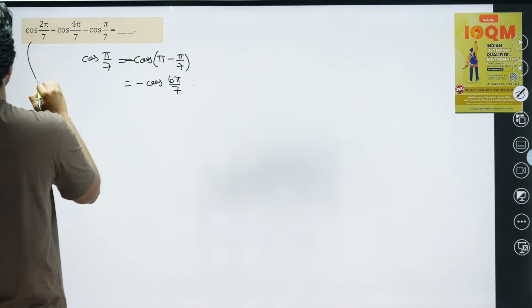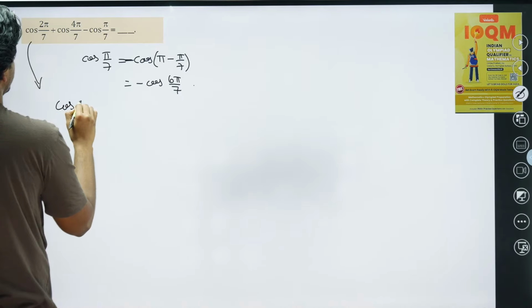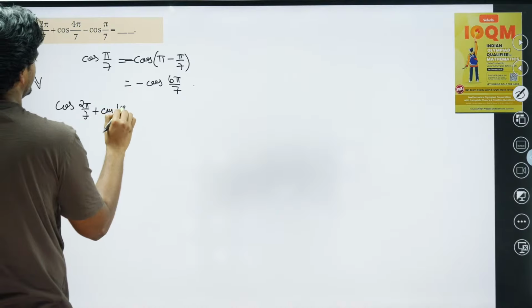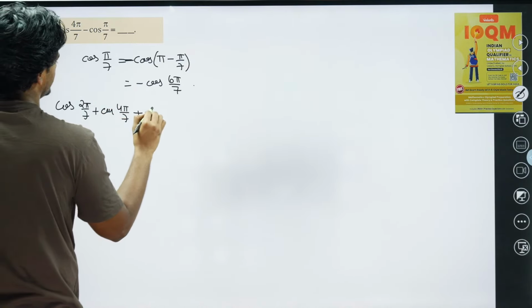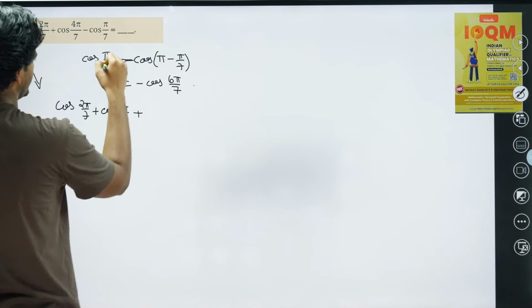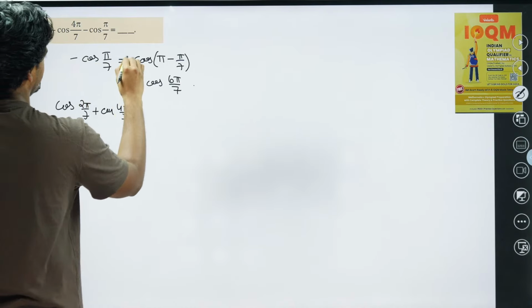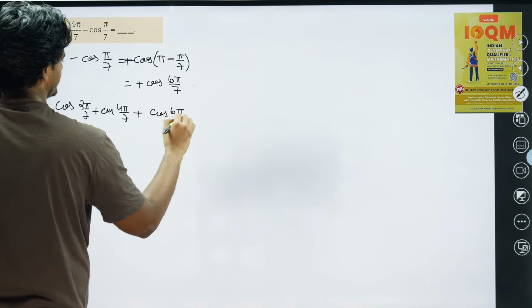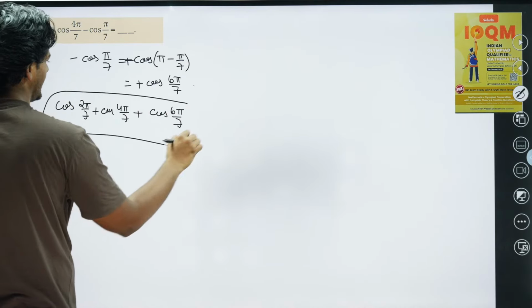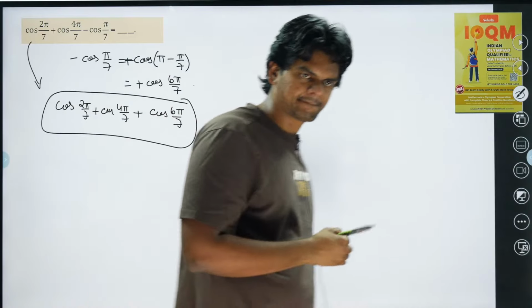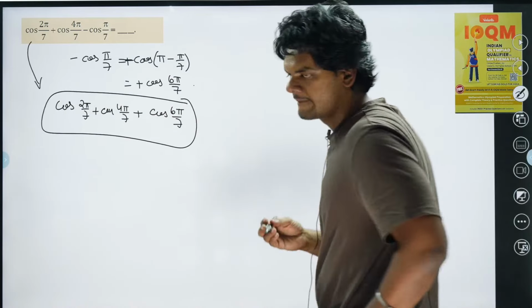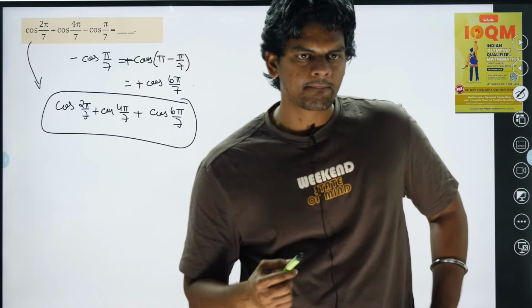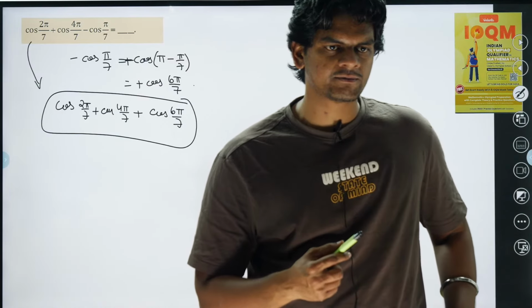So I can have this as cos 2 pi by 7 plus cos 4 pi by 7 plus, so minus cos pi by 7 is plus, right? So plus cos 6 pi by 7. Now can you think of something in terms of cos 2 pi by 7?